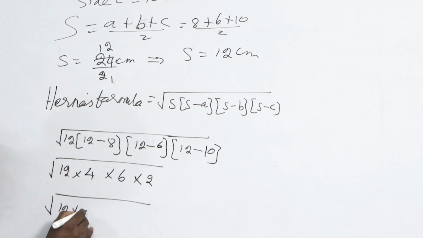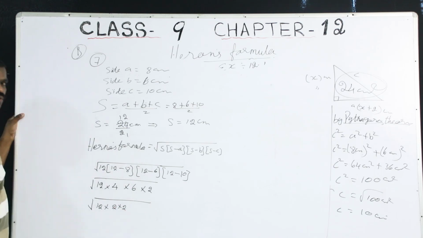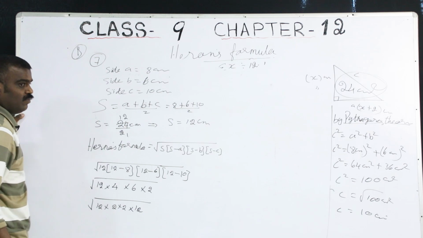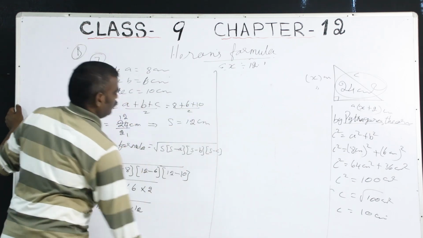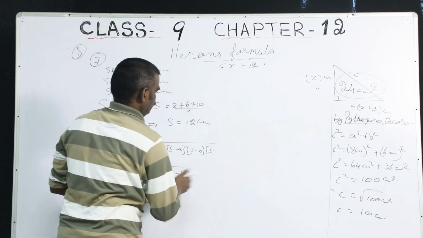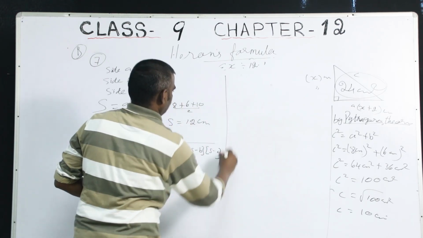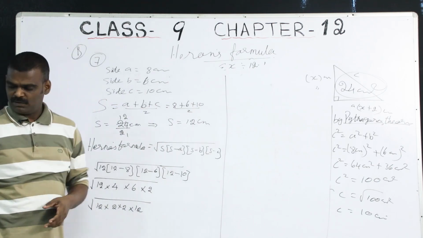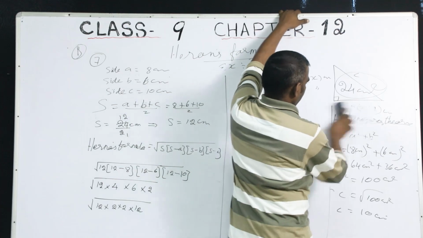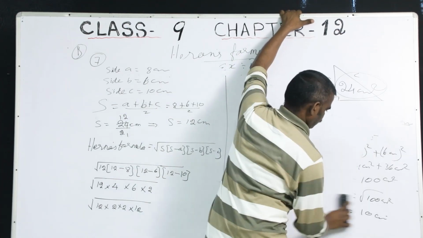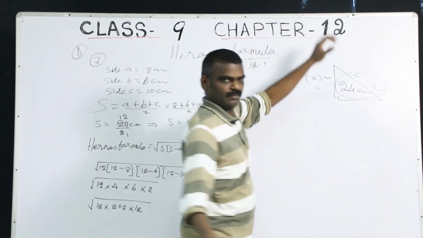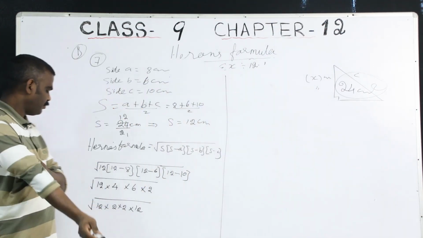12. 4 can be written 2 into 2. Next, 6 into 2 is 12. Okay.